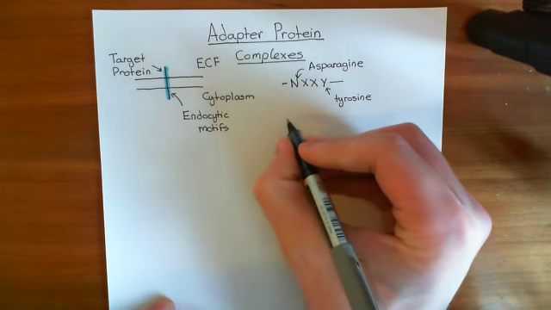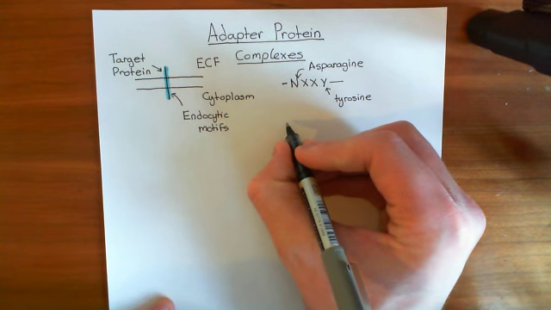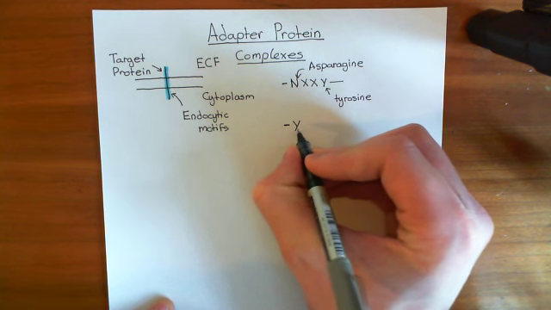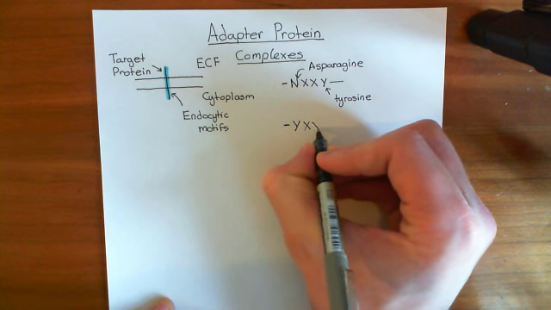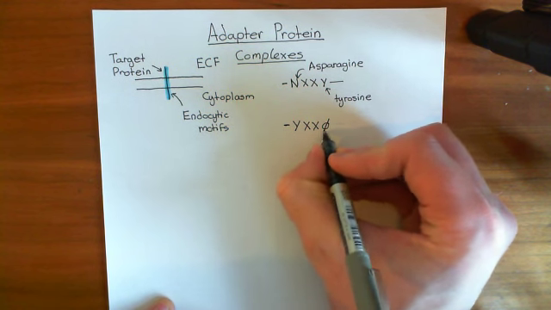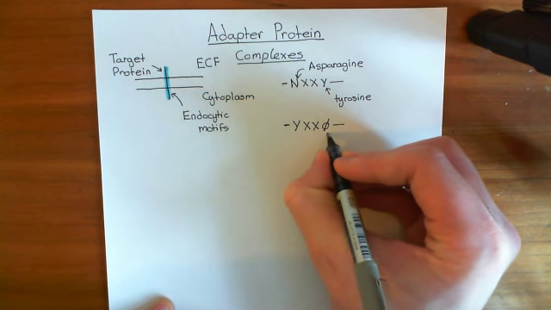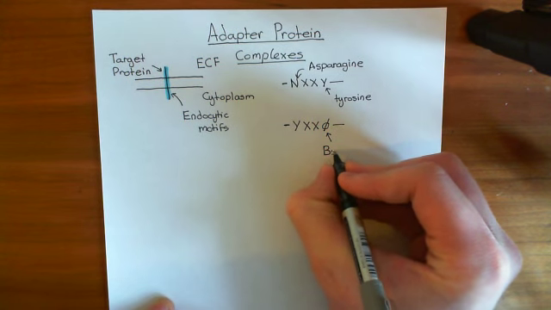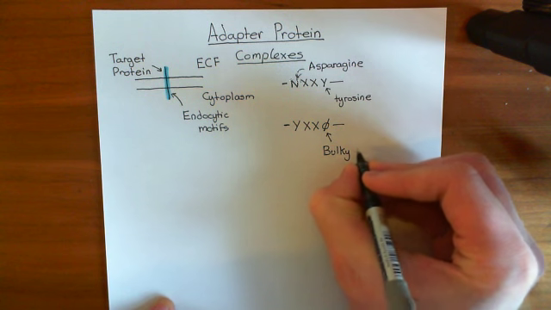The other endocytic motif that we saw was you had a tyrosine in position 1, followed by anything, and then Phi, which is not a single letter amino acid code, but instead means that you just need a bulky hydrophobic amino acid.